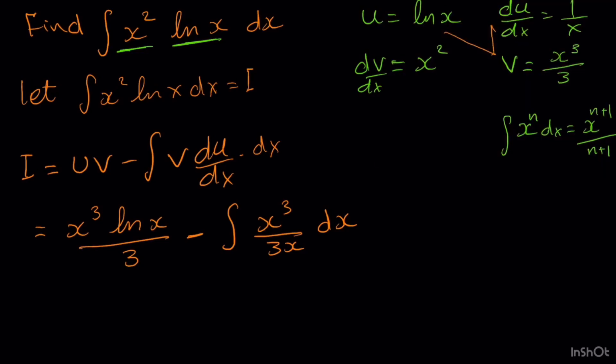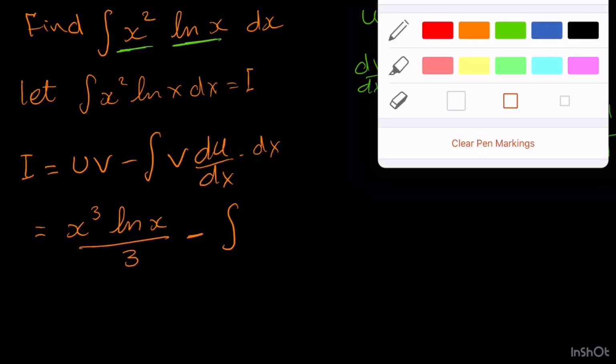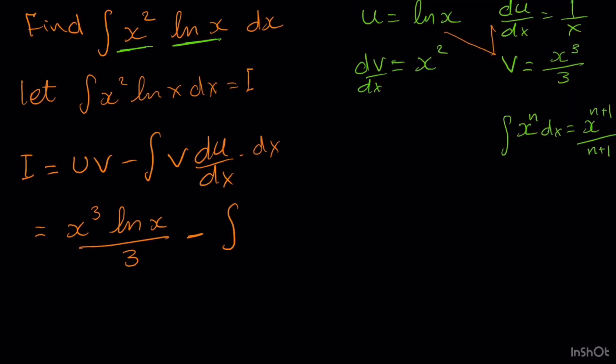I can write it a different way just for you to understand why. So we can write it as x cubed over 3 times 1 over x dx. Okay?